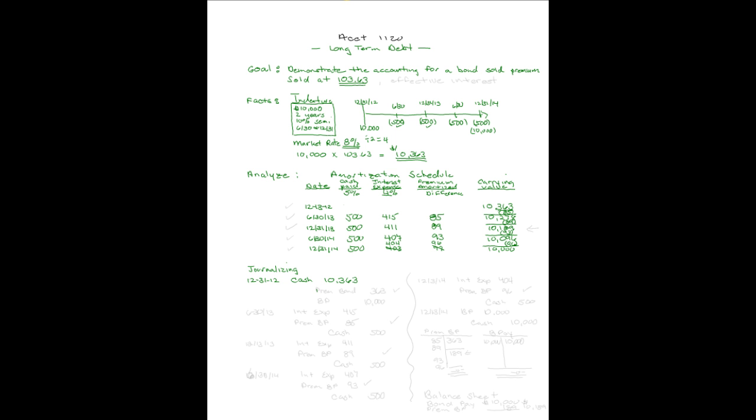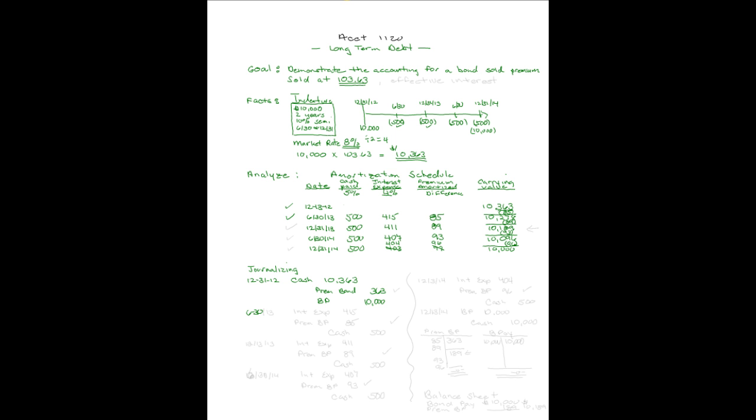Set up the bonds payable premium, so we'll say premium on my bond, $363, and bonds payable, $10,000. It always gets the face value of the bond, and we have recorded issuance of the bond. Now, what happens on 6/30, our first interest date?